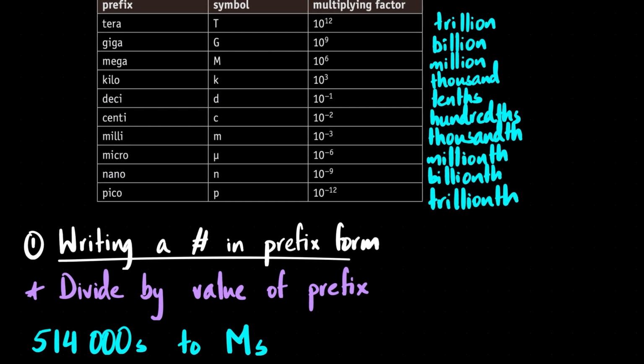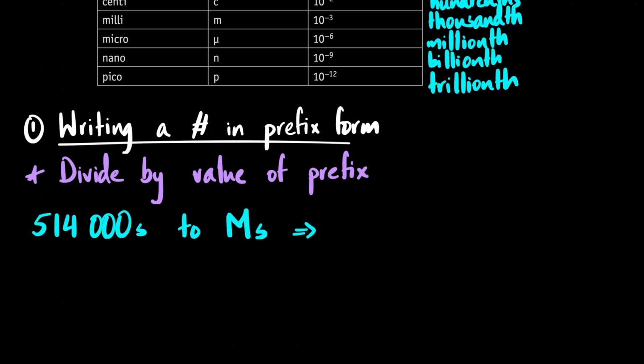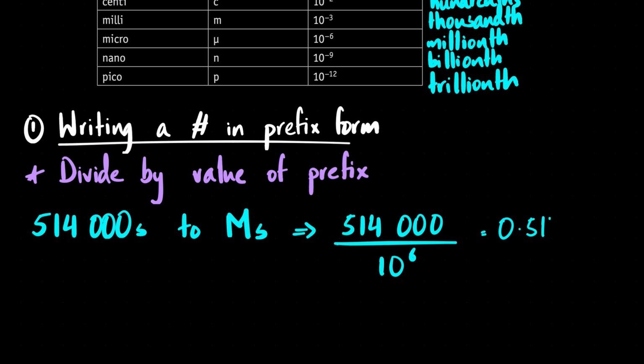So all I need to do is divide by 10 to the 6 and write it with a mega now. So I would just do 514,000 divided by 10 to the 6, which means division by a million. Decimal point is here right now. So 1, 2, 3, 4, 5, 6. So this would be 0.514. And I'm just going to place the mega next to it.